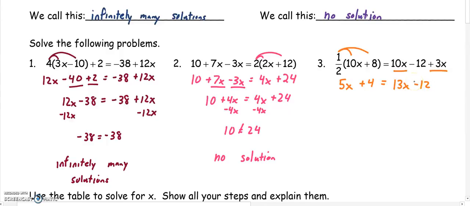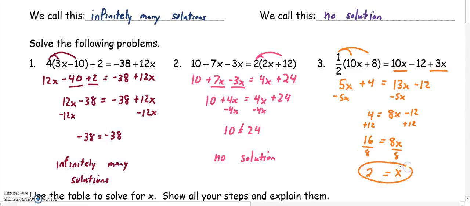This time, my x values are different, so I'm going to subtract the lower x, so minus 5x from both sides. I'm left with 4 equals 8x minus 12. And I'm going to add 12 to both sides. So 8x equals 16. My last step to solve is to divide both sides by 8. And x equals 2.